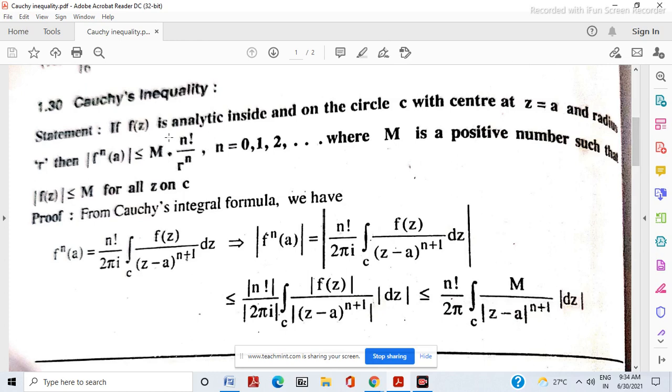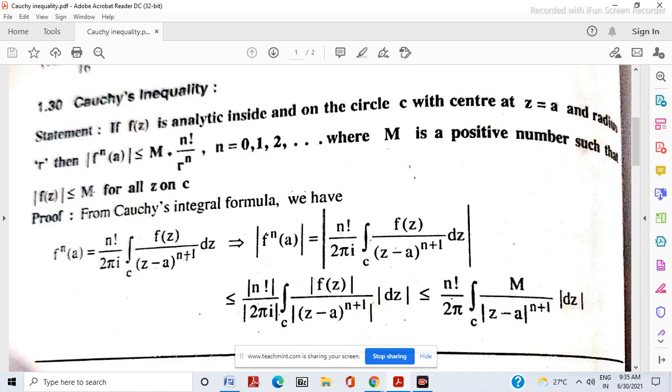If f of z is analytic inside and on the circle C with the center at z equal to a and radius r, then we have modulus of f^n of a less than or equal to M into n factorial by r power n, where n is 0, 1, 2, and capital M is a positive number such that modulus of f of z is less than or equal to M for all z on C.